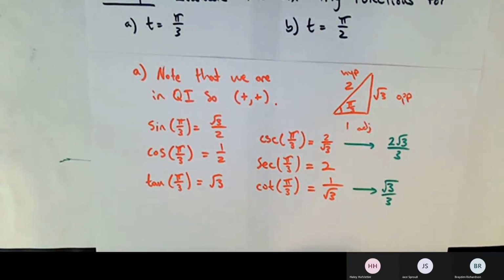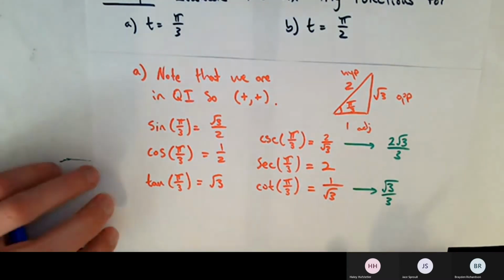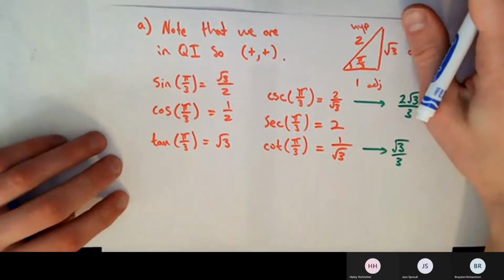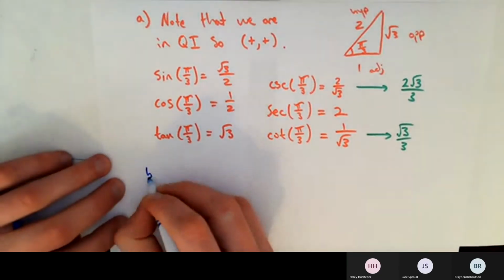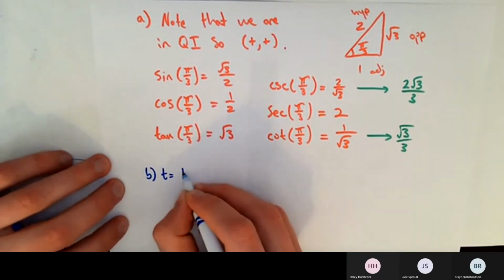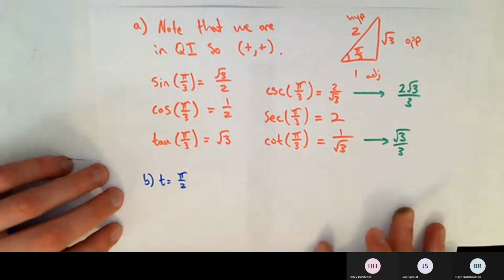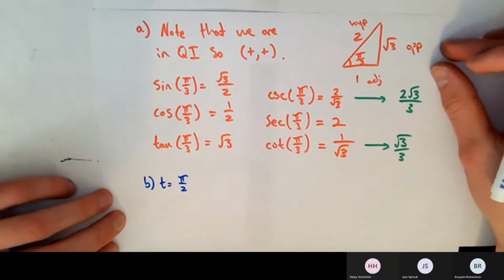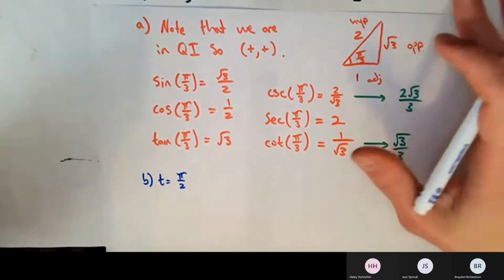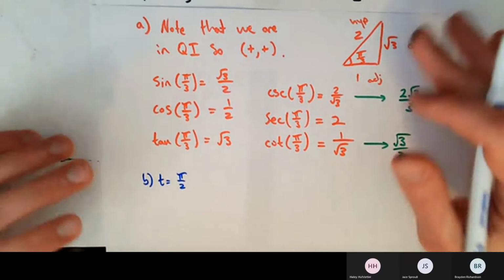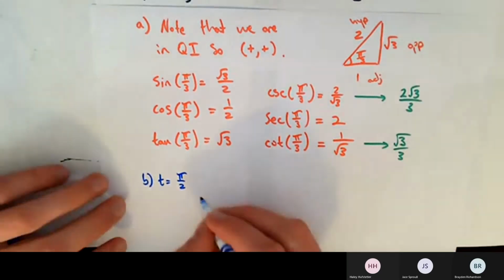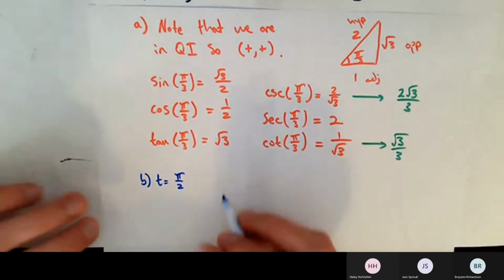Okay, now part B, which I'll switch to blue. T equals pi on 2. Now this is less about the triangle, right? Because t equals pi on 2, we don't really draw a triangle for that kind of angle. This is on the positive y-axis.